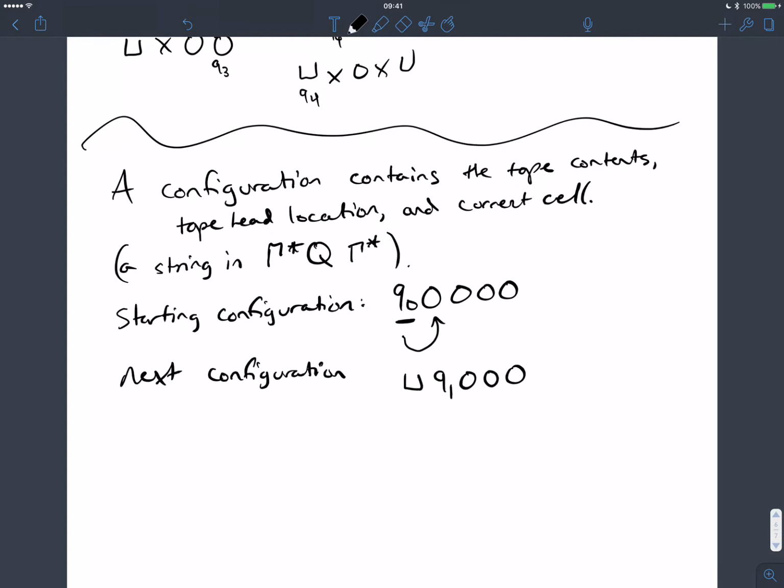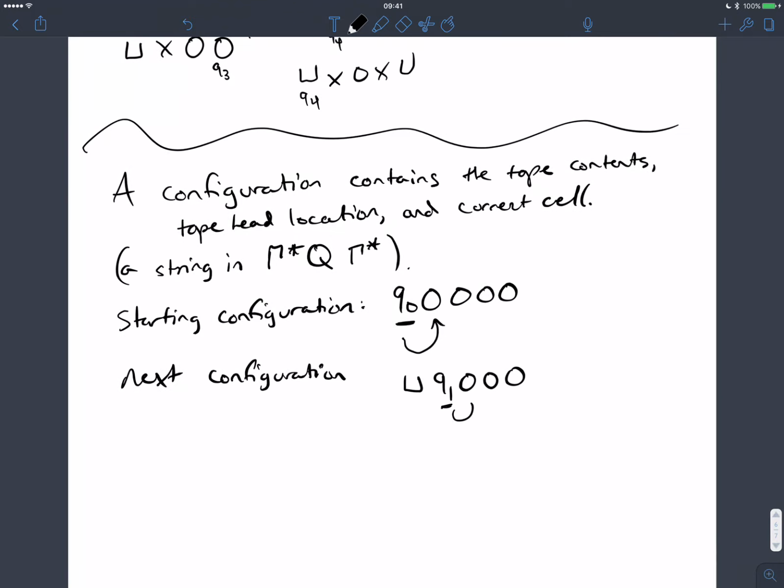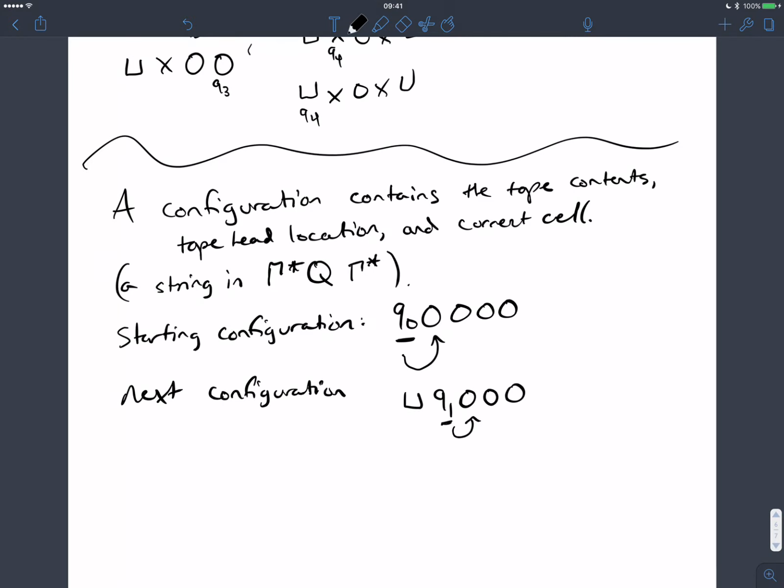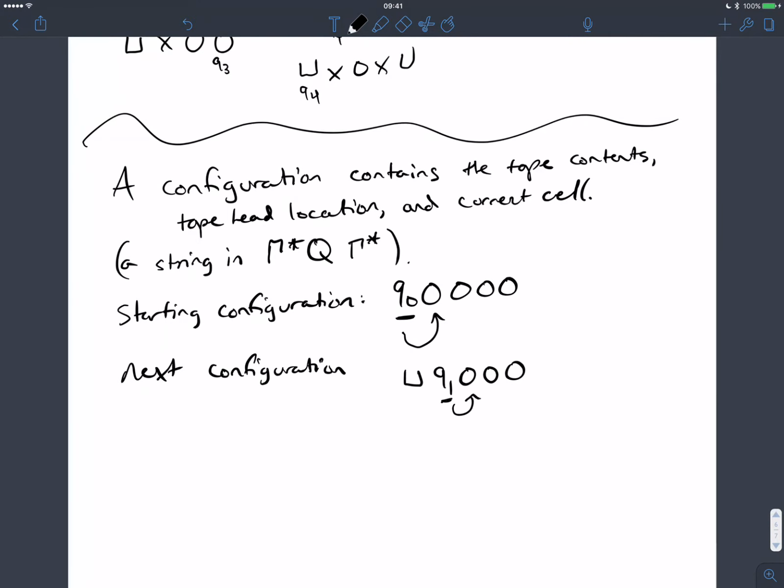Remember, we're always looking at the cell directly to the right of the state name. So does that tell me the tape contents, the location of the tape head, as well as what state we're in? Well, it clearly tells me what state I'm in. That's good. Does it tell me the tape contents? Yeah, but what about that infinite sequence of blanks after?